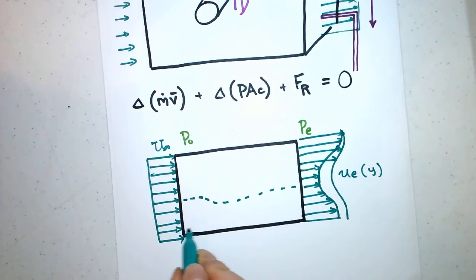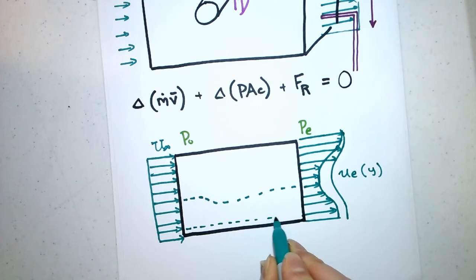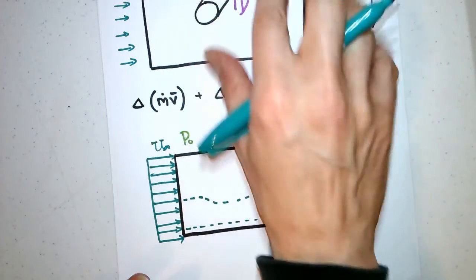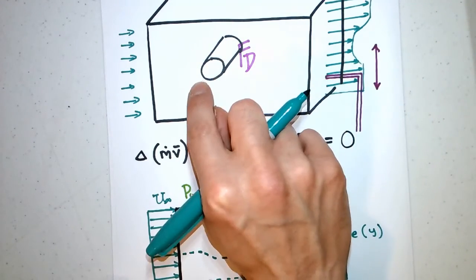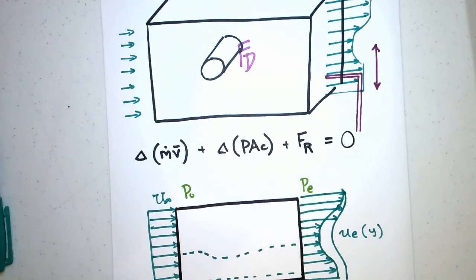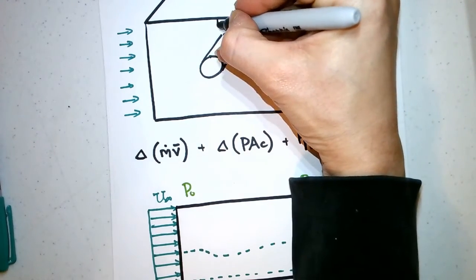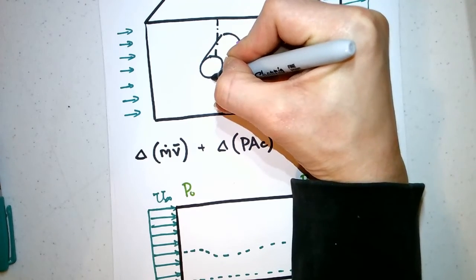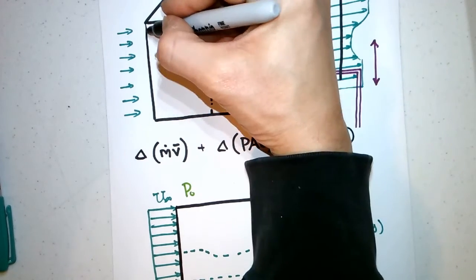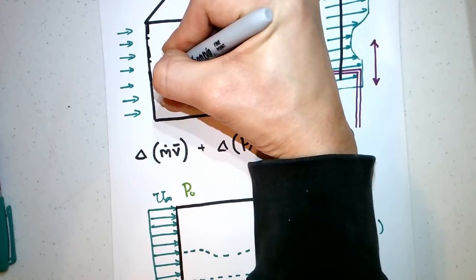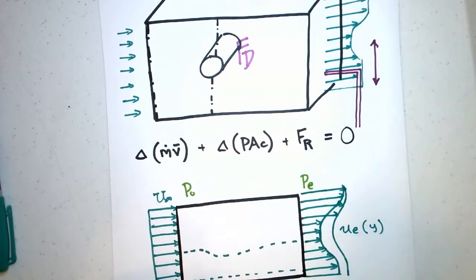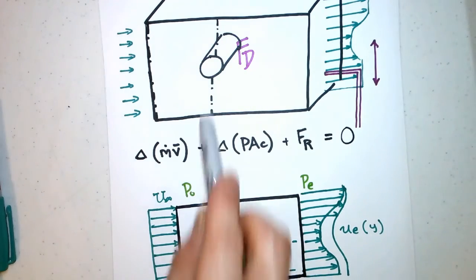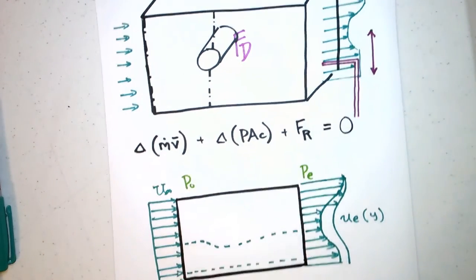And in fact, if we even trace a streamline far away from this object, due to mass conservation, we know that if we're blocking off a significant portion of this flow, if we do a mass balance, say right here, and look at this as the inlet, and then each of these is an outlet, well, we had better have a higher velocity here because we have less of a flow area.